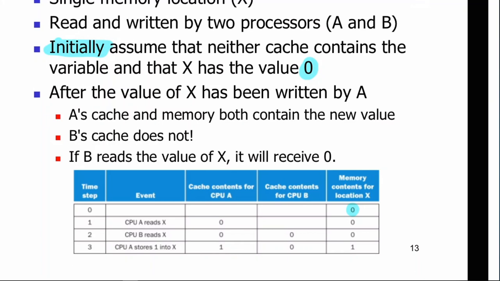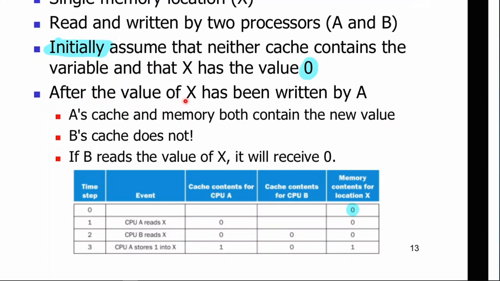So whatever we had for location X in the private cache of CPU A is going to change to 1 because we are writing 1. However, we have no mechanism in place to change the contents of the private cache for CPU B. And if we use a write-through cache, we will still be able to change the contents of memory location X to stay consistent between the cache and the memory location. So we are assuming that it's a write-through cache here.